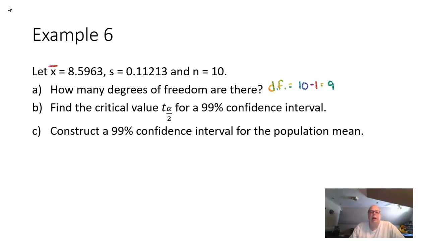Part B, find the critical value T sub alpha over 2 for a 99% confidence interval. This is going to come from table A3. We're going to be on line 9, column 99%. And we're going to pull up table A3.